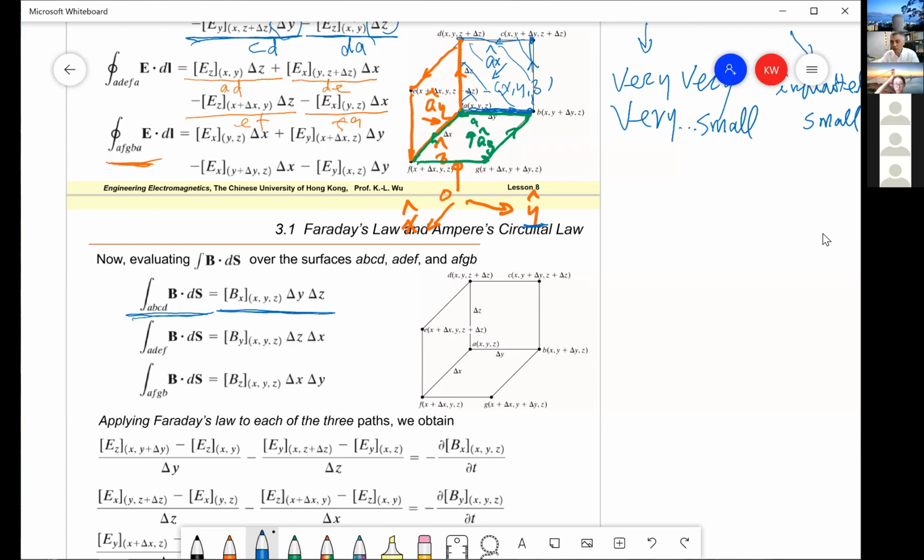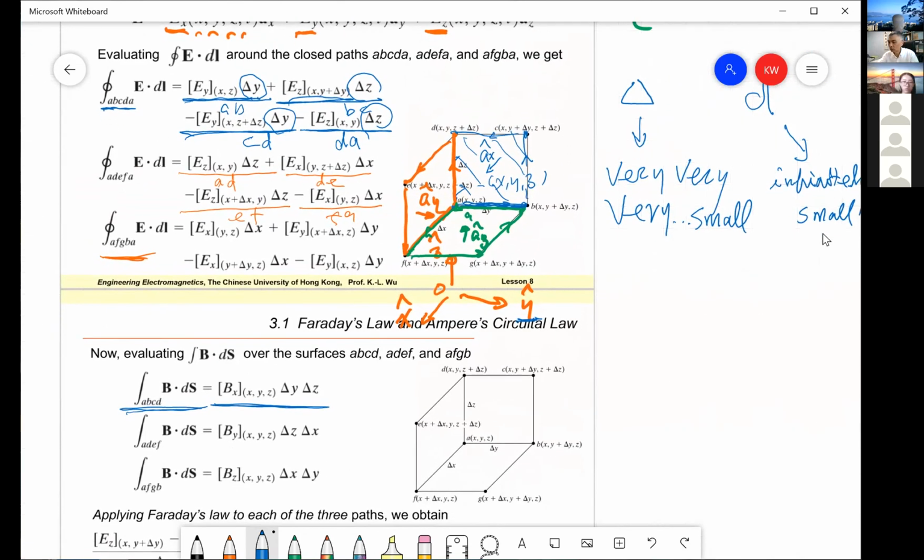That means for the first equation, we have A, B, C, D, A, where we deal with the line integration. This equals the surface ABCD. Then let's calculate the flux of B over this surface.